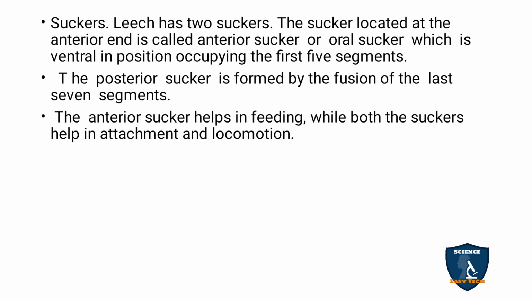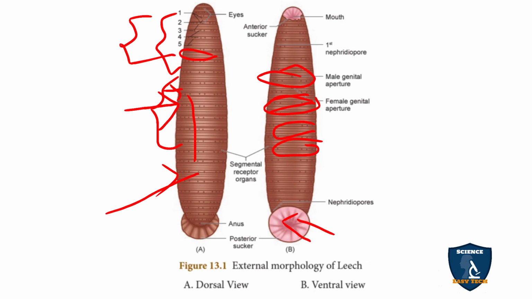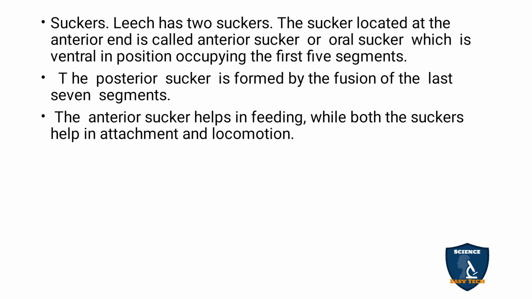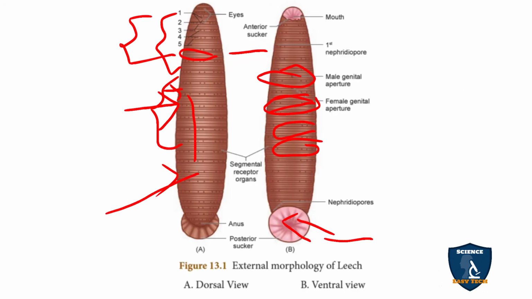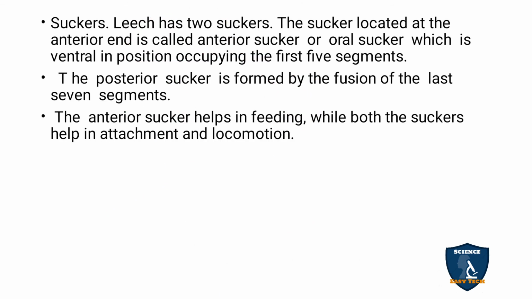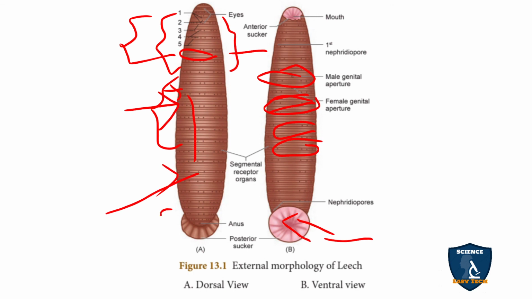Suckers. They have 2 suckers, anterior sucker and posterior sucker. The anterior is the mouth sucker or oral sucker, present in the first 5 segments, and it is used for feeding. The posterior sucker is seen in the last 7 segments of the lower side, into the last segments of the body.